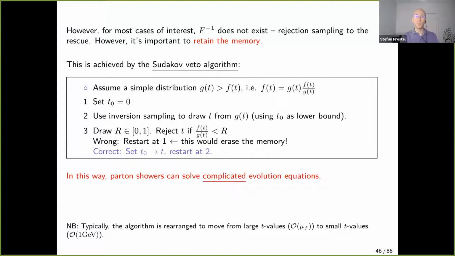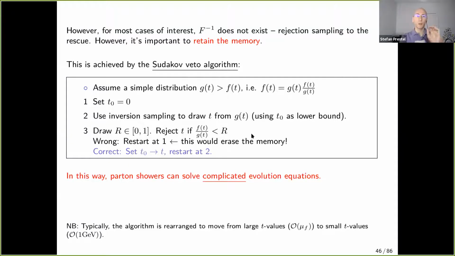What we did is we decided on a simple overestimate function that overestimates the probability distribution, used that to draw the interesting random variables, and then rejected the random variable that we drew based on the comparison of another random variable with the ratio of the true distribution divided by the overestimate.